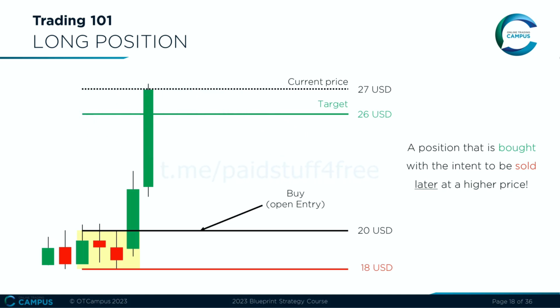So again, what is a long position? The expression, if you're saying that you are going long, or I am going long, I'm looking to go long, it means that I'm predicting the markets will go up and I'm bullish, right? That's why a long position is defined as a position that is bought with the intent to be sold later at a higher price.